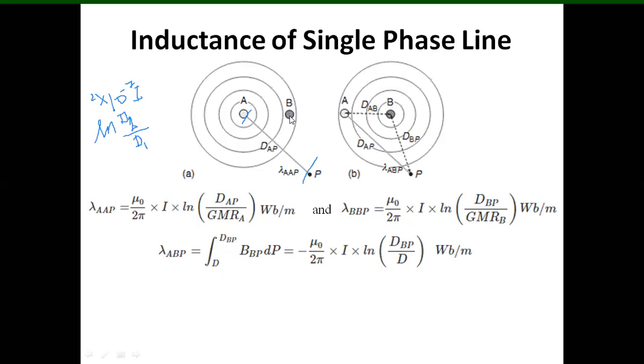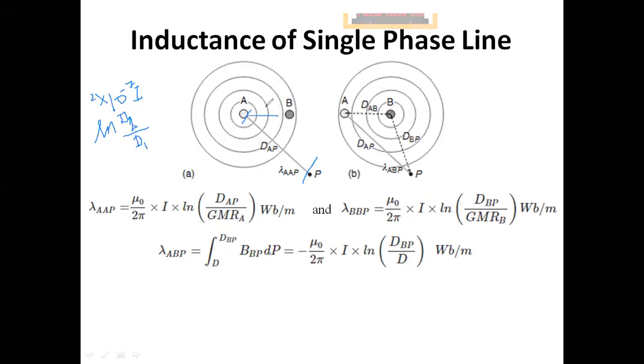So consider the B conductor as the source, and the distance A to B is taken as capital D. This is D1, and D2 is the distance B to P, that is DBP.